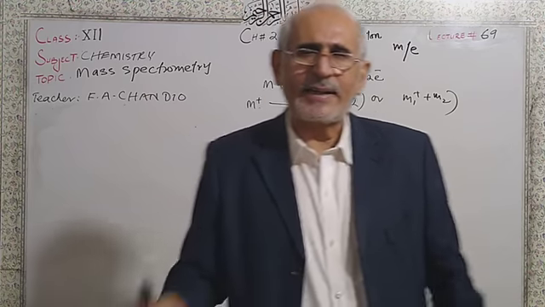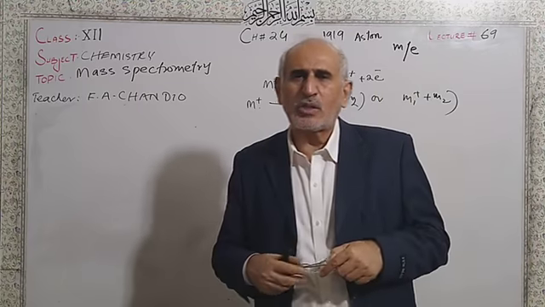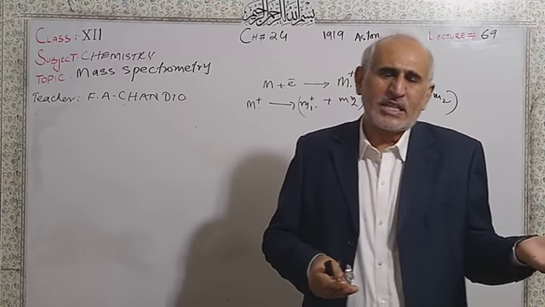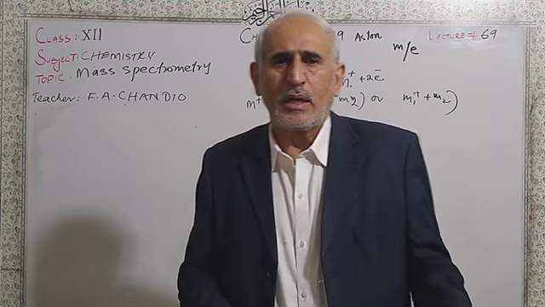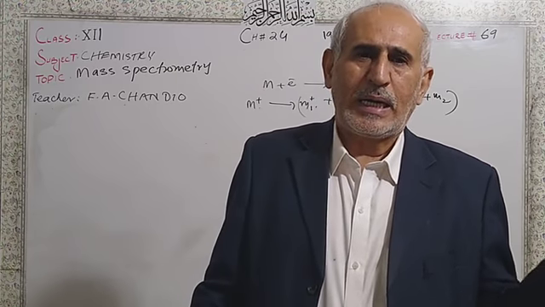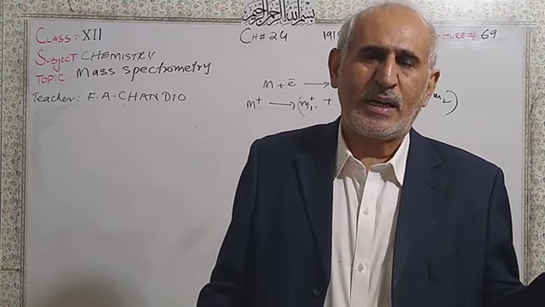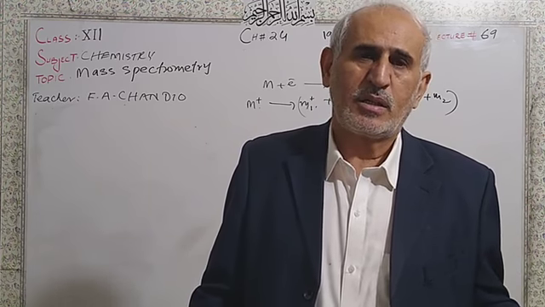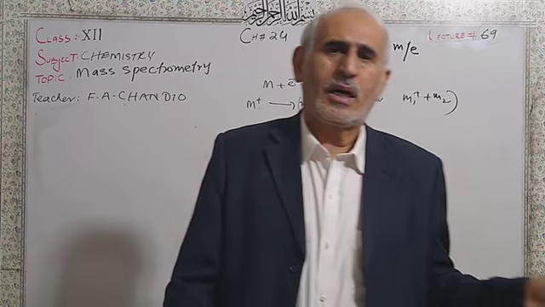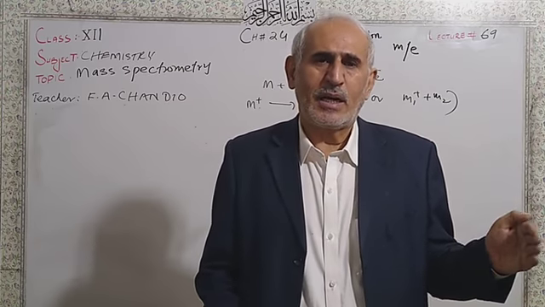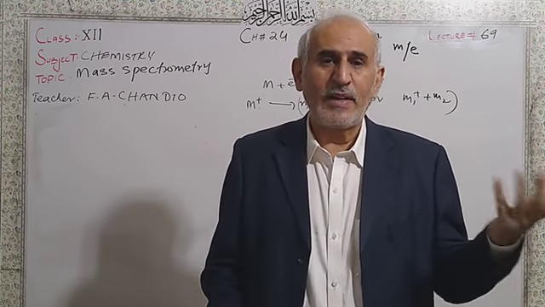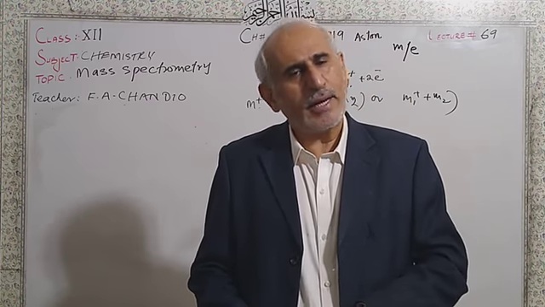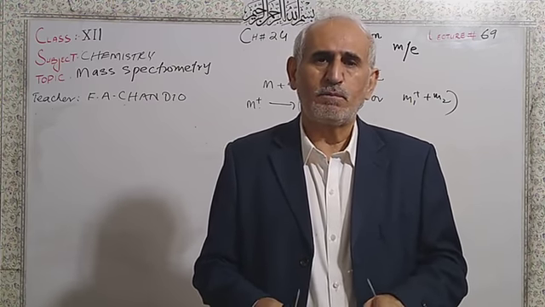It means that when you use the mass spectrometer, the atoms which have a small atomic mass are deflected first, and the isotopes which have more atomic mass, being heavier, are deflected later. This is the principle.